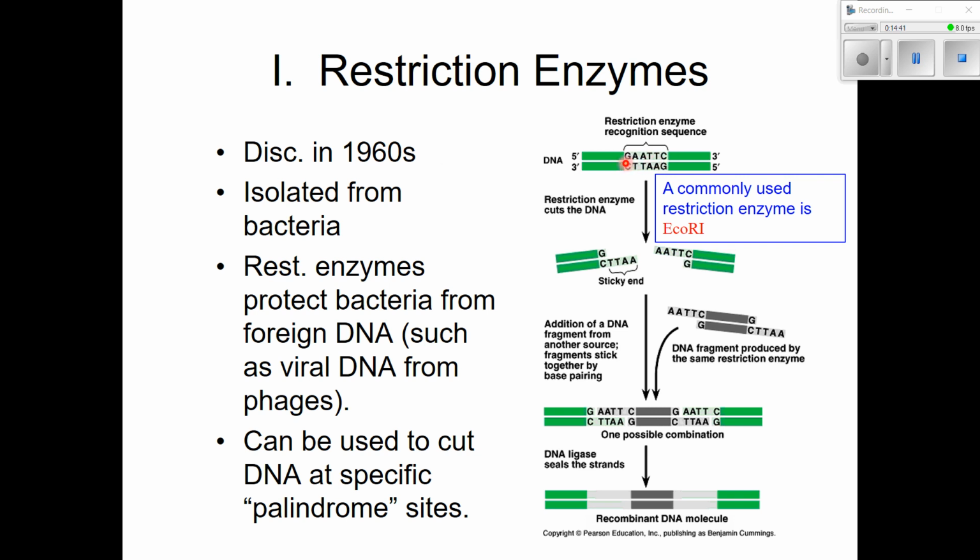And these recognition sequences, as they're called, are always palindromic. They're palindromes. Now, what does that mean? That means if you read it forward, GAATTC, and then you drop down to the complementary strand and read it backwards, you get the same thing, GAATTC.